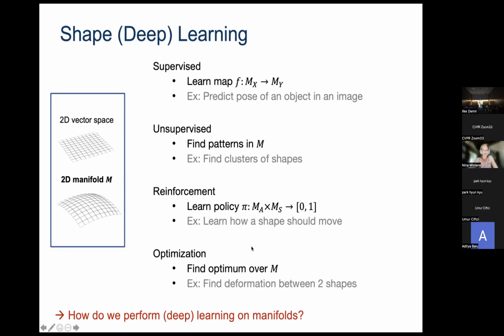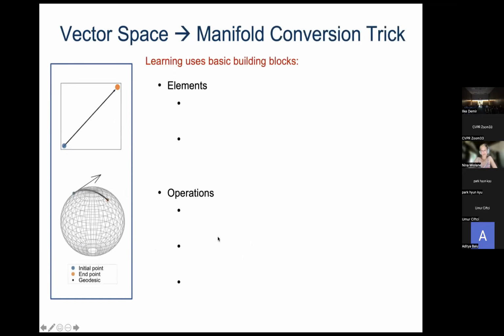So how can we generalize all of these wide fields of deep learning to manifolds? There's actually a trick that I call the vector space manifold conversion trick. And the trick is as follows. You can realize that all of these machine learning, statistics, deep learning algorithms rely on the same basic building blocks.